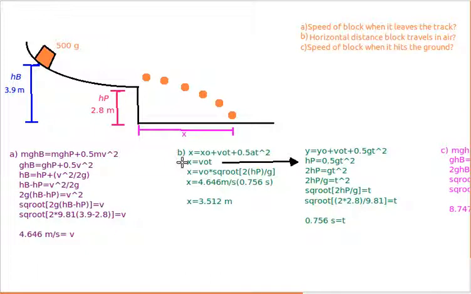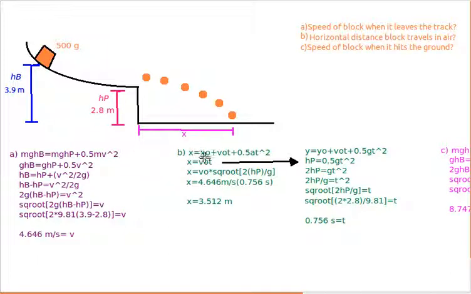So since we're looking at the x direction, we can cancel out this term because it has acceleration in it, and in the x direction acceleration is 0. And XO is also 0 because we're trying to find the final, which would be our actual number. So we're left with x equals v initial times t.